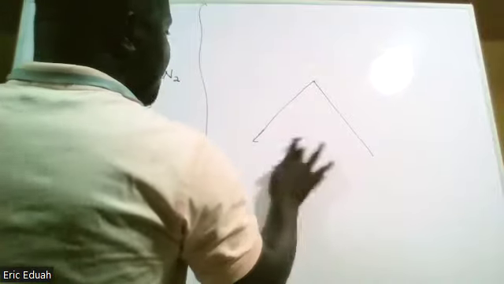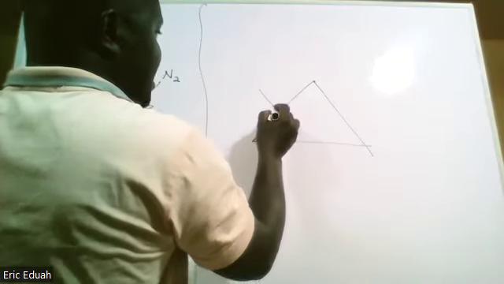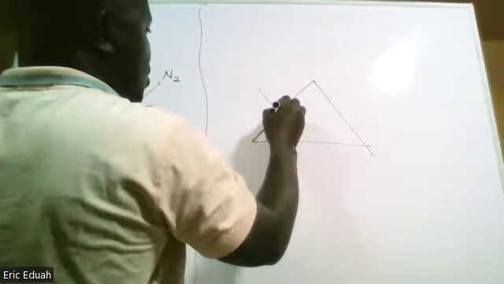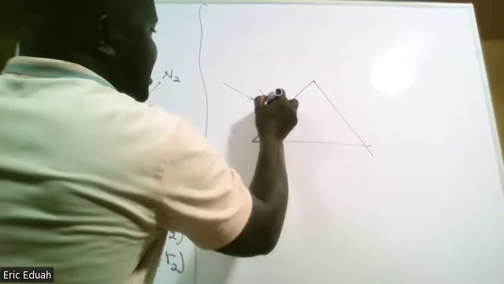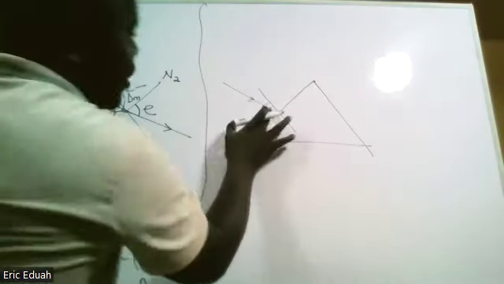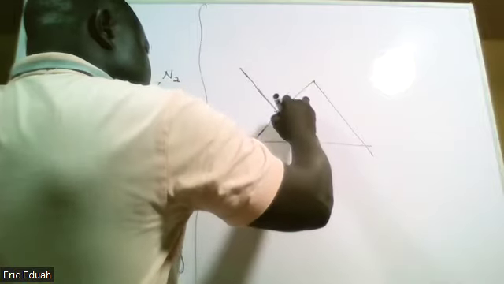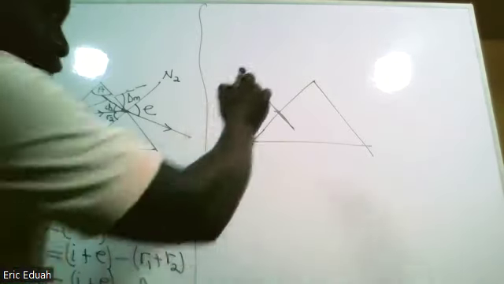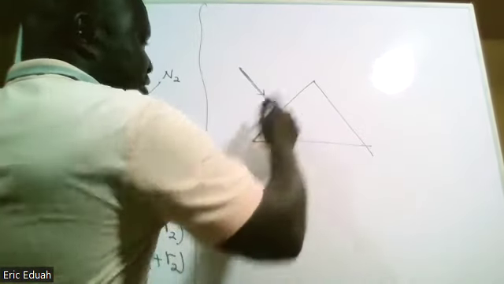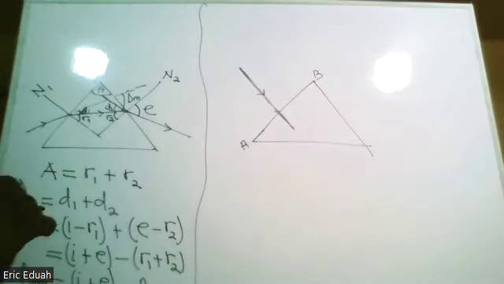If we vary the angle of incidence progressively, starting from a very small value, and then we increase it gradually, please note that the moment you incident a ray along the normal, meaning the ray is perpendicular to the refracting plane, maybe AB, the ray goes undeviated.